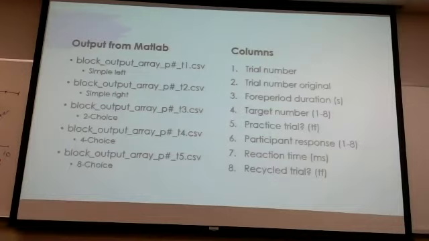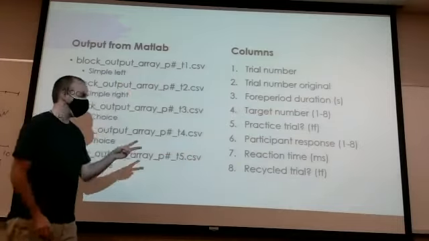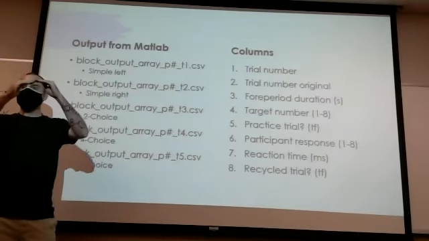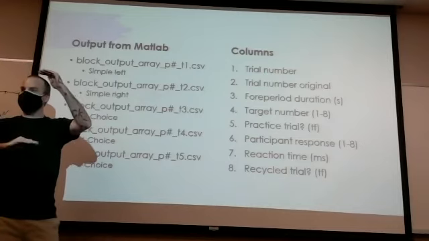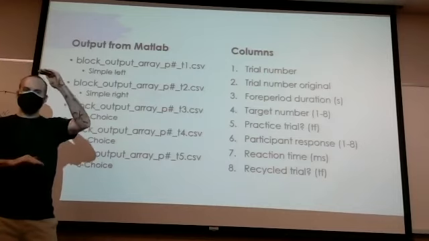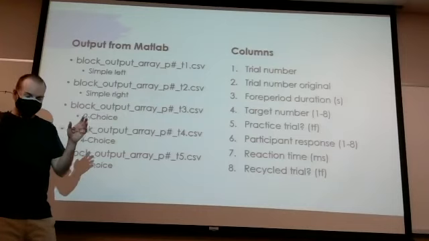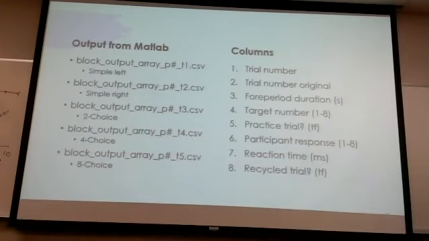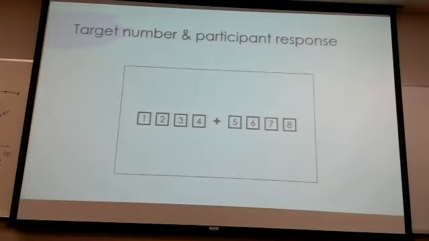So I was like, okay, we'll only get rid of it if you press the button way too early. So this will tell you if the trial was recycled, those are the 2 reasons why. And if they are bad trials, the program automatically adds them to the end of the block, and will eliminate the bad trial so that it doesn't bias our reaction time scores. So here are the target numbers, left to right, 1 to 8.